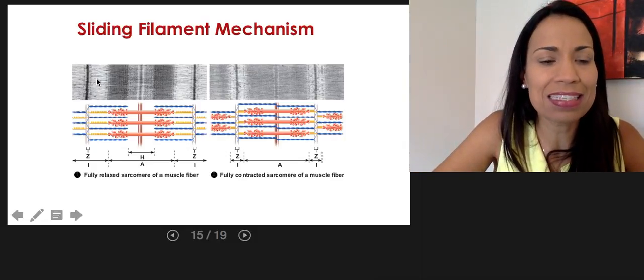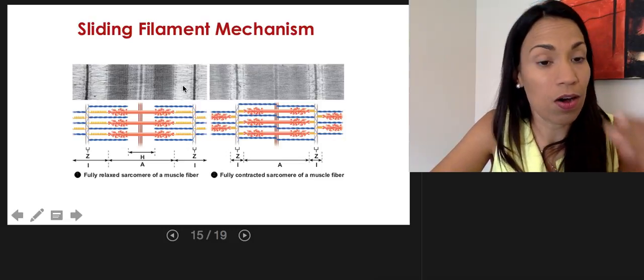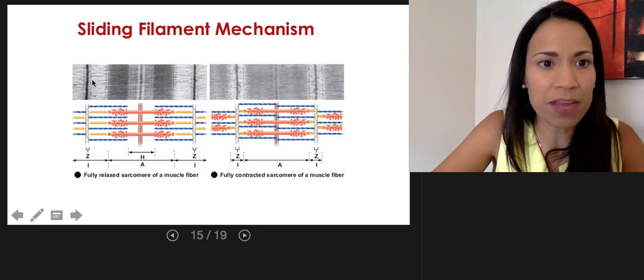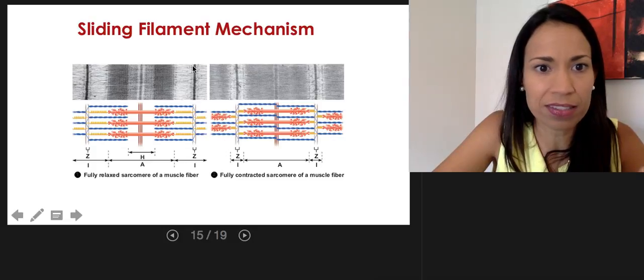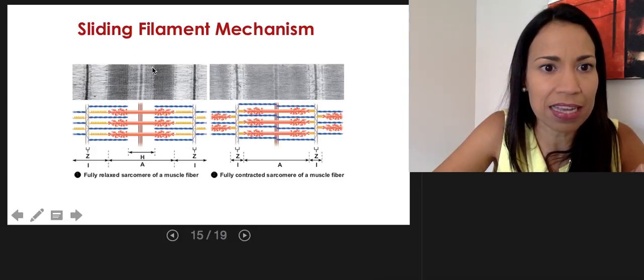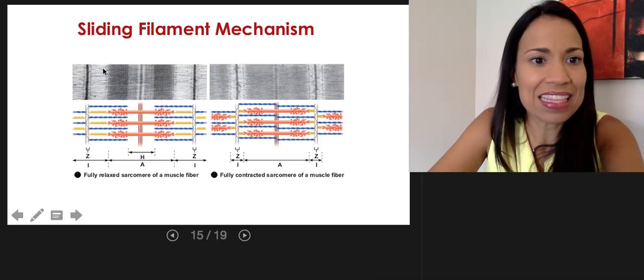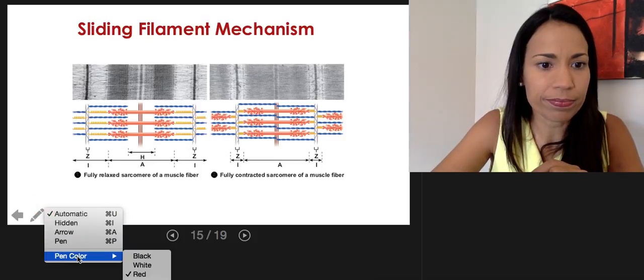This is how it looks in reality: the striated pattern of all of the sarcomeres on the skeletal muscle fiber. Here they are relaxed. These are the Z lines, and this is the A band, which is darker than the I band. The I band is lighter, with a Z line in the middle.